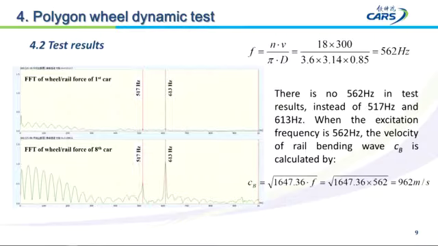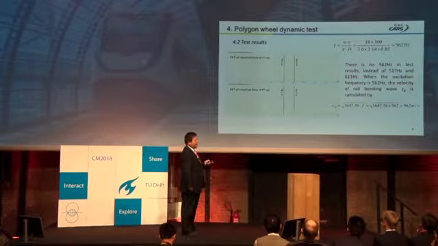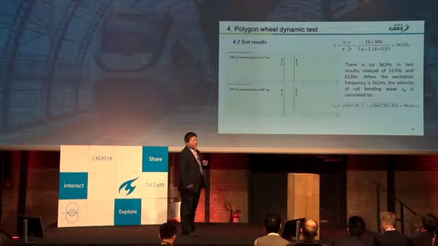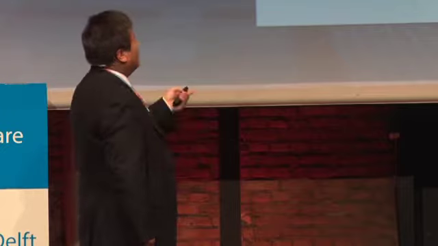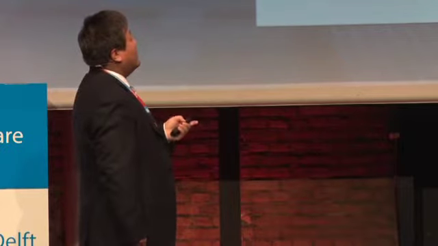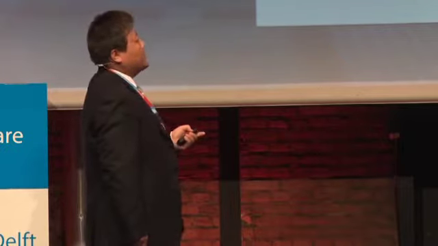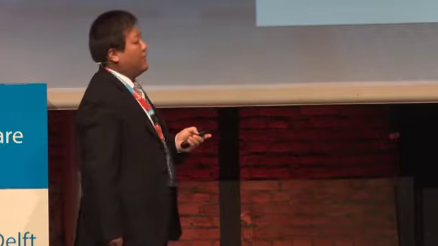Because the test conditions are the same except for the wheels, and the last car has the polygon wheel, these frequencies were generated by the polygon wheel.